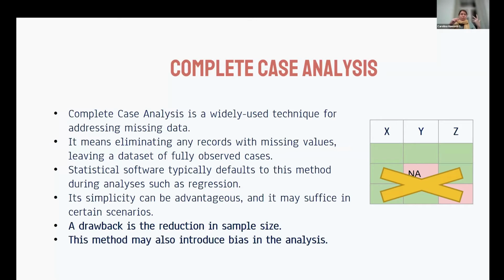This is of course an easy and quick fix, and this is something that is often also included in statistical software. So, for example, if you run a regression in R, you might often see the notice, okay, 10 observations were deleted because of missing values, or a similar warning message.